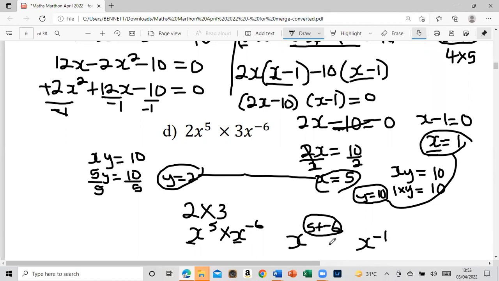So this would be 6 times x to the negative 1, or you can rewrite it as 6 over x, because x to the negative 1 is 1 over x. Either way is no problem. Everybody follow? And if you leave it like this, it's perfectly fine.